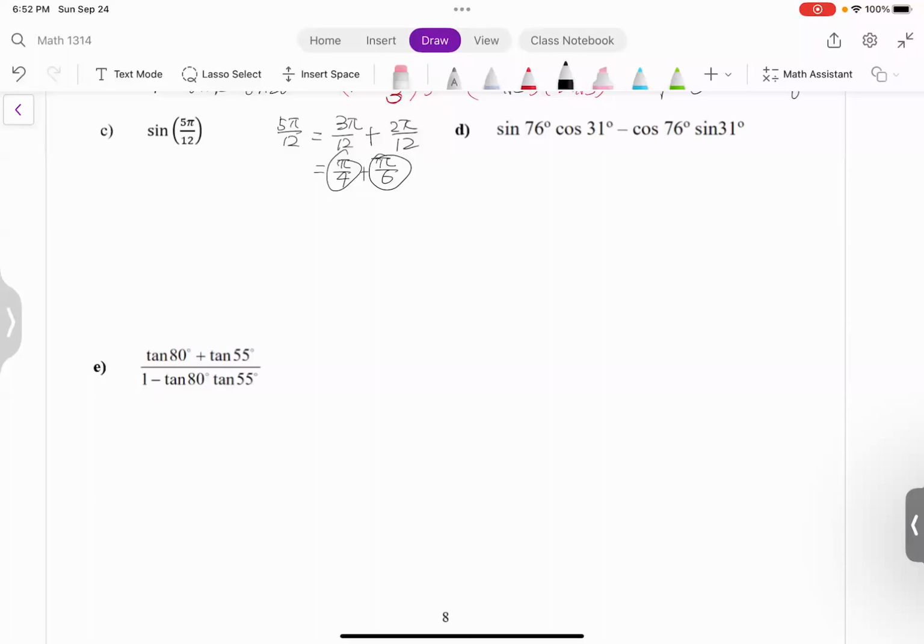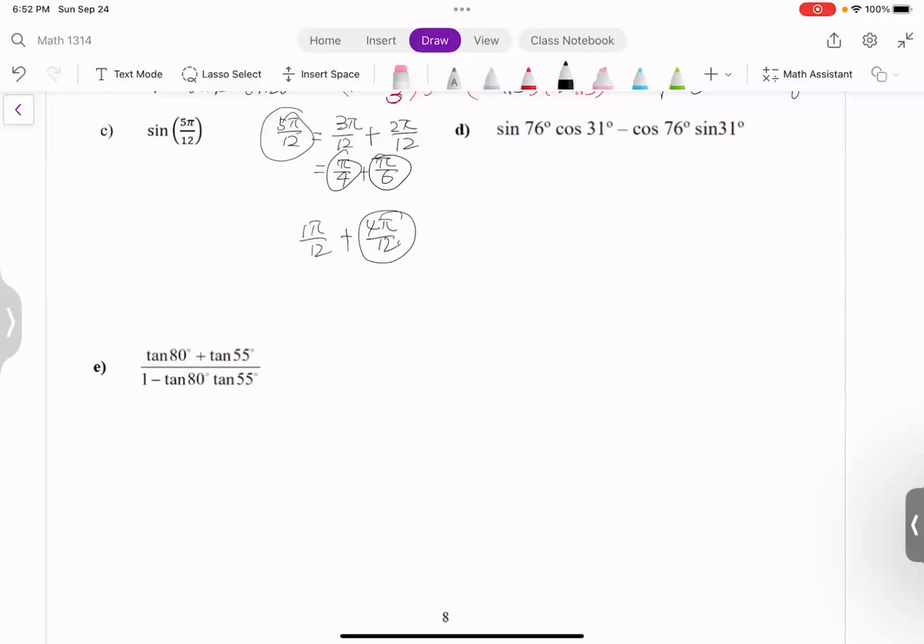If you ask me how I knew that 5 pi over 12 equals 3 pi over 12 plus 2 pi over 12, I have practiced so many questions. So when I see 5 pi over 12, it triggers my memory. And also I did a lot of trying. I tried maybe 1 pi over 12 plus 4 pi over 12.